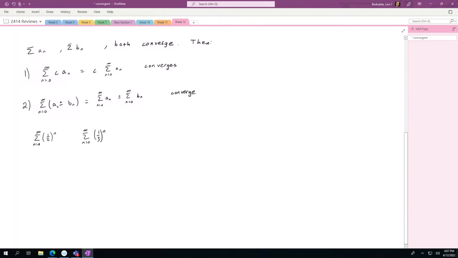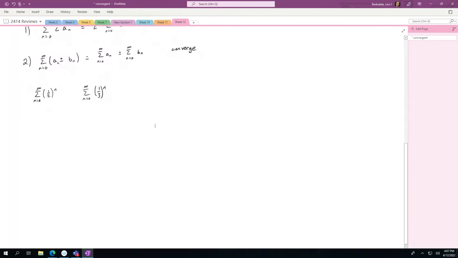And if I take 1/2 to the n and subtract 1/3 to the n, that's going to converge as well, and that sum is equal to the sum of 1/2 to the n minus the sum of 1/3 to the n. It's pretty straightforward, right? All right.